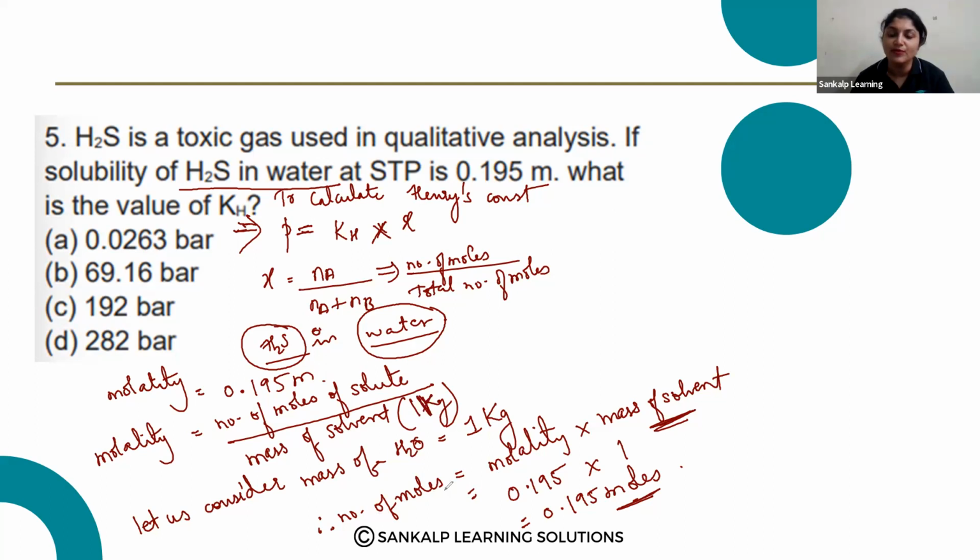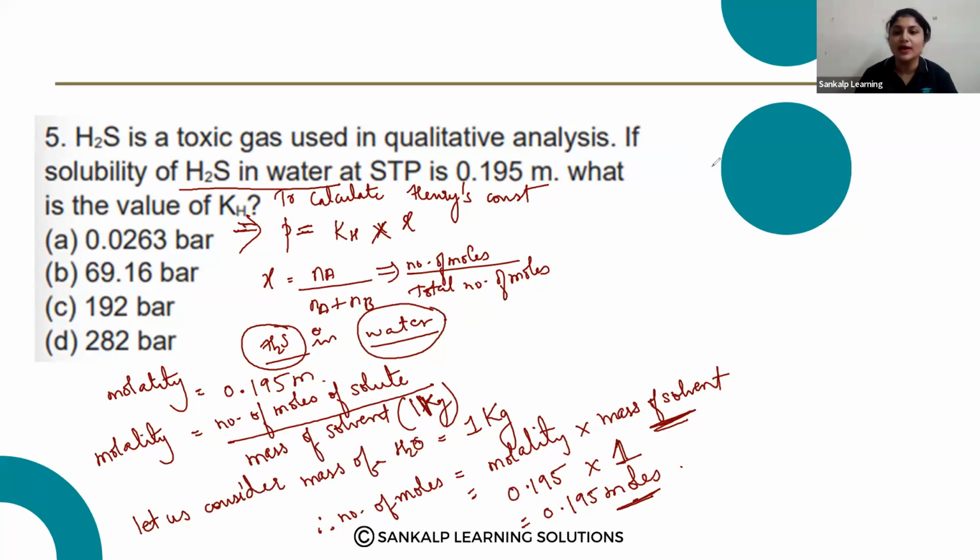So number of moles is equal to molality into mass of solvent, that is 0.195 into 1. So everything is given here. Number of moles of H2S is 0.195 moles. Now we'll calculate for water.